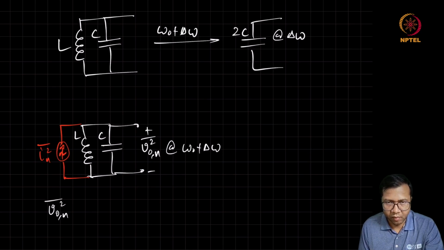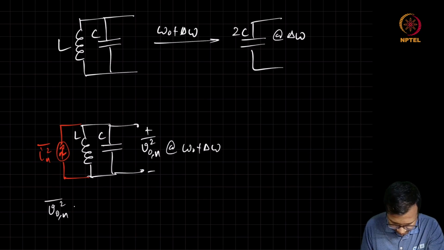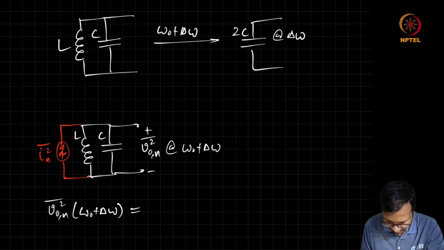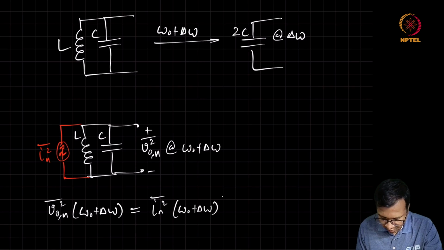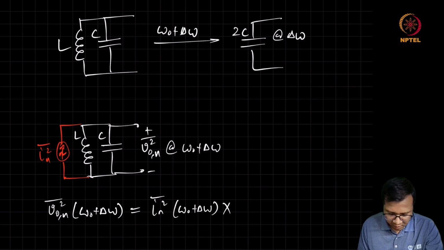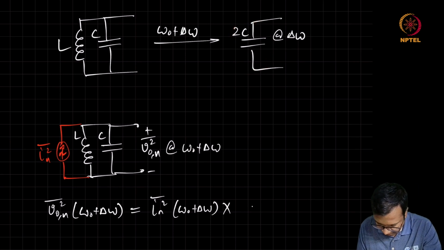So we can directly write the PSD of the output voltage noise at omega naught plus delta omega as the current noise PSD multiplied by the impedance of this capacitor at delta omega. So the impedance of this capacitor at delta omega is 1 by j delta omega 2C.